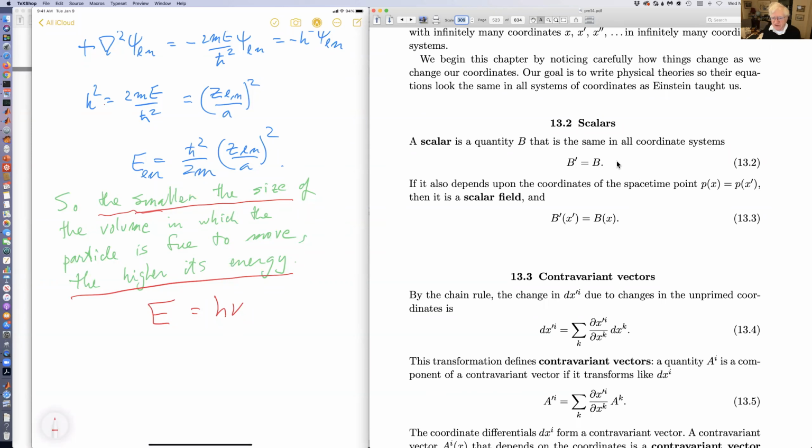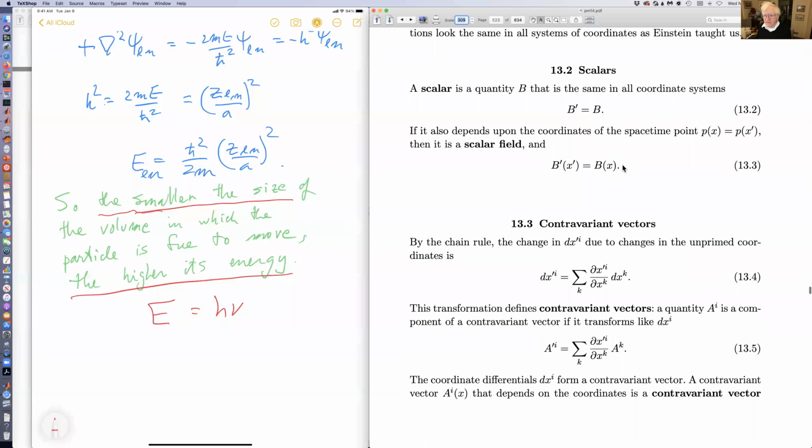So you change your space-time coordinates, the quantity doesn't change. So the temperature at this particular point in the room at this particular time is the same in all coordinate systems. And in fact, the temperature is a function of time and space.